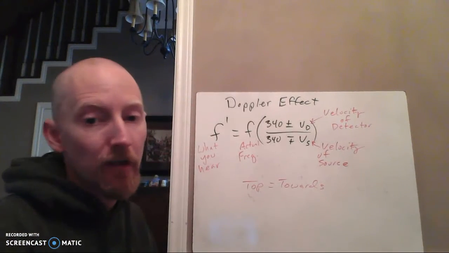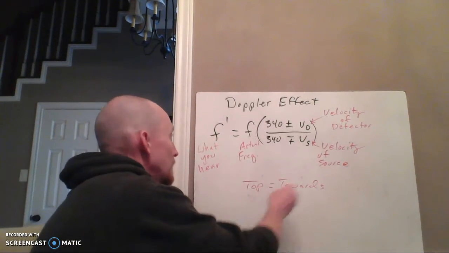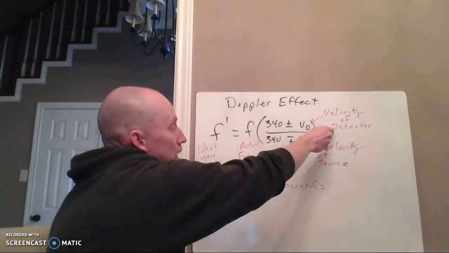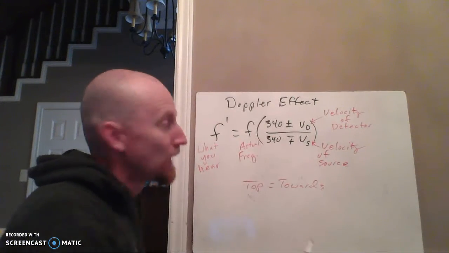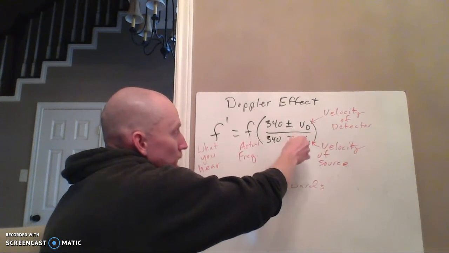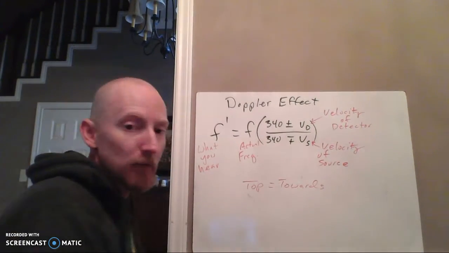You use the top sign when something is going towards something else. So on this top part, if something is going towards the detector, then you would use the plus sign. Down here, if something is going towards the source, you would use the minus sign. That's what top equals towards means.